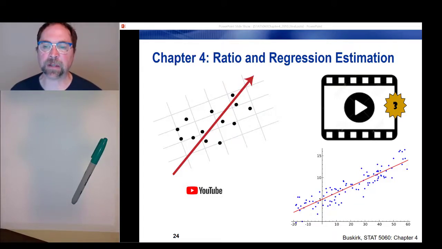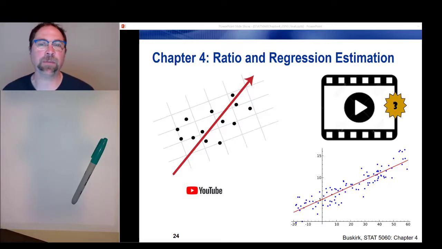So we've specifically identified those scenarios where the coefficients of variation of the x and the y variables are similar, where the x variable has a small population mean, and so on. We've gone through those conditions in the last segment, so revisit those if you are wondering about that.